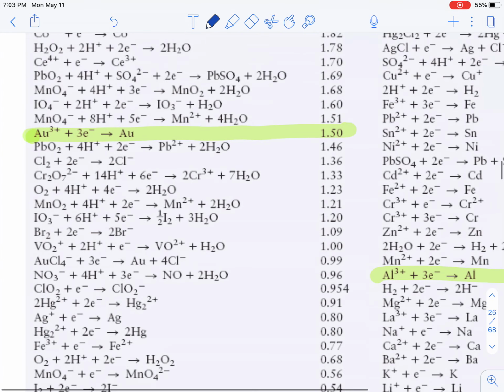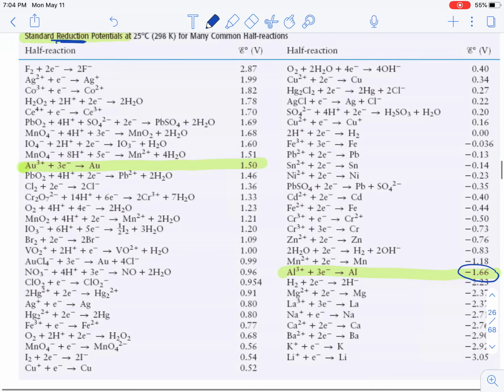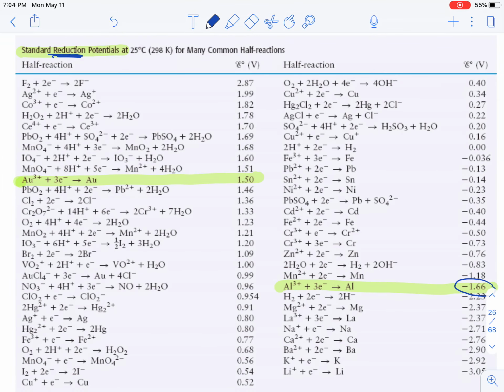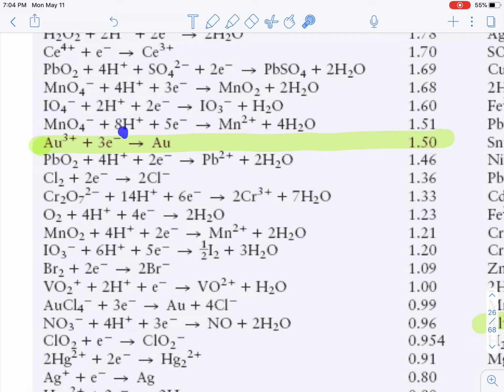And so how did I figure that out? Well, you guys can write out the half reactions, but since the half reactions are already written out for me, I'm just going to go ahead and use this. So if you look, gold must gain 3 electrons.